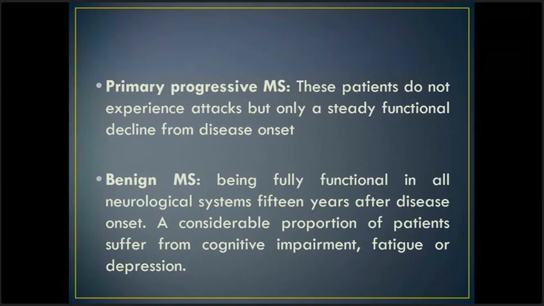But a considerable proportion of patients suffer from cognitive impairment, fatigue, depression, these ethereal manifestations. So how can we say he's benign, but he has cognitive impairment? So there is much controversy about using this term.